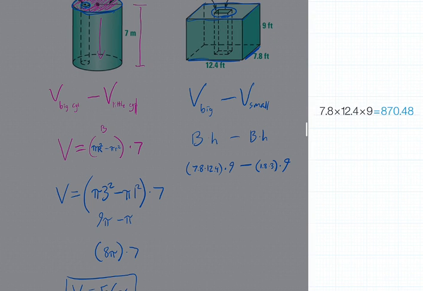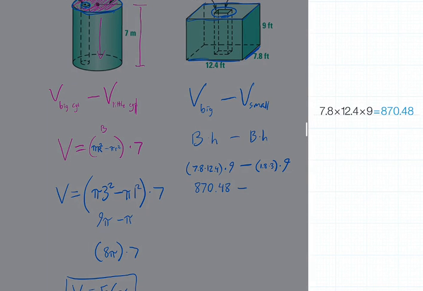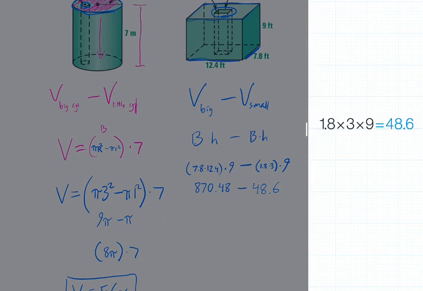So the volume of the entire shape is 870.48. And then I'm going to cut out that hole. There is actually a hole, so we're going to have to subtract 1.8 times 3 times 9, and that's going to be 48.6. Now, I already have that, so let's cross it all out.